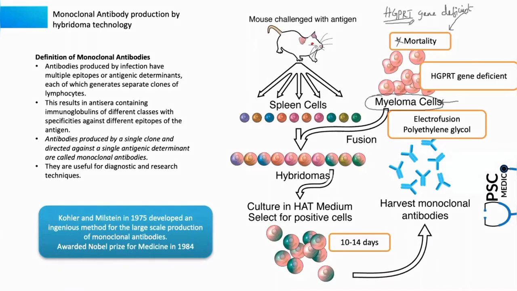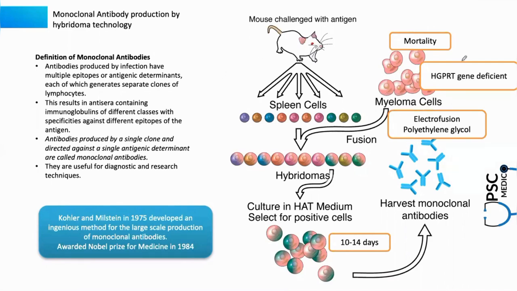What is this HGPRT gene? It's an alternative pathway of nucleic acid production. We have a salvage pathway in nucleic acid metabolism. In our body, DNA and RNA are produced in a normal pathway, but when the normal pathway fails, we have a salvage pathway wherein we produce nucleic acids like DNA and RNA.